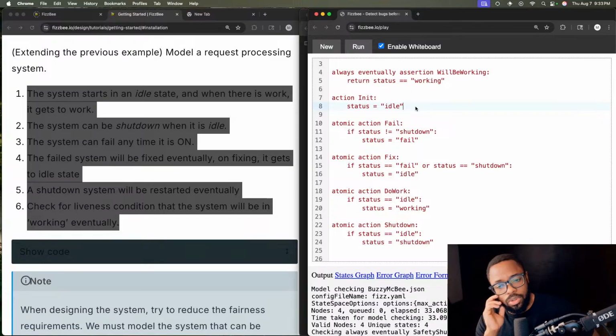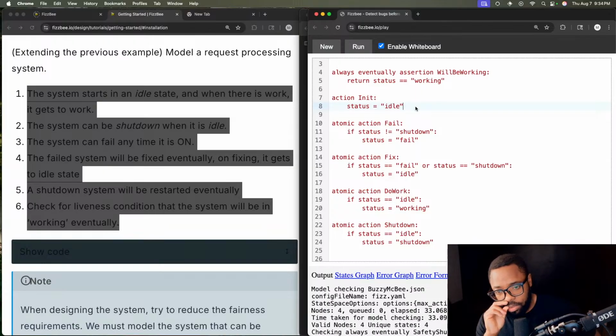Because so far, for the statuses, we have idle, working, fail, and shut down. So how do we know that something is ready to work? I mean, it's just a random action.